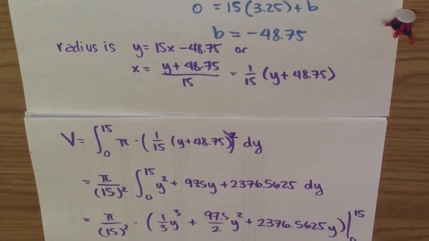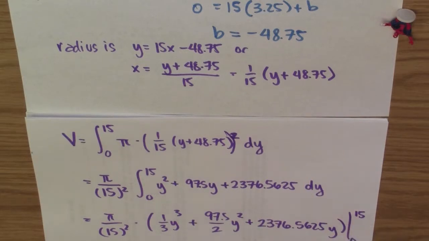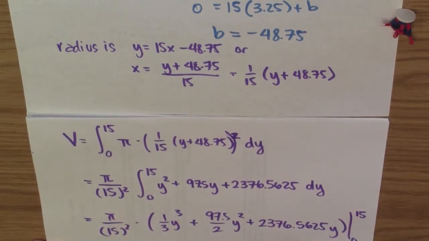So I don't really care about y equals 0, because if I plug in y equals 0, I just get 0. So I just really care about what's happening at y equals 15, and if I plug this all into my calculator, I get an approximate value of 666.6 cubic centimeters. So that's the volume of my cup in cubic centimeters.